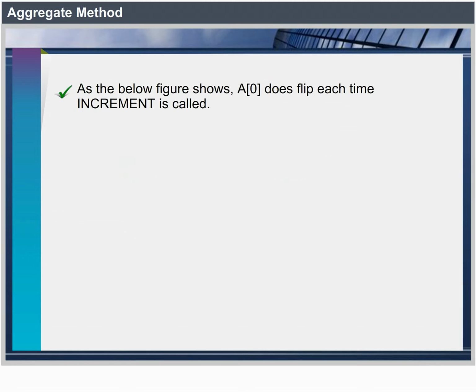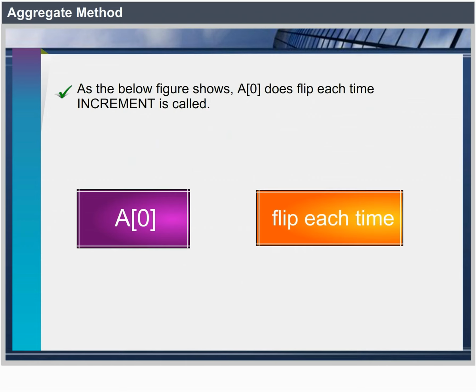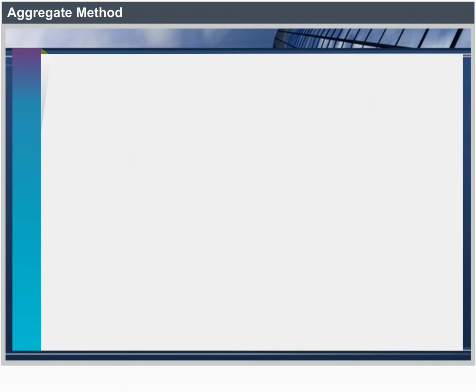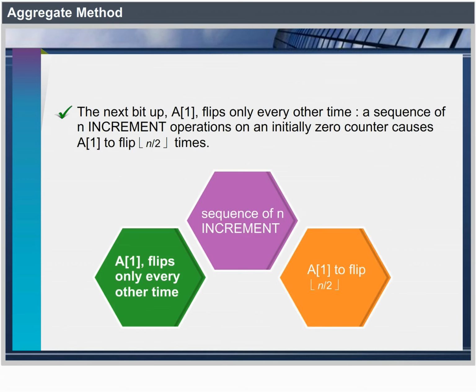As the below figure shows, A[0] does flip each time increment is called. The next bit up, A[1], flips only every other time. A sequence of n increment operations on an initially 0 counter causes A[1] to flip floor of n by 2 times.